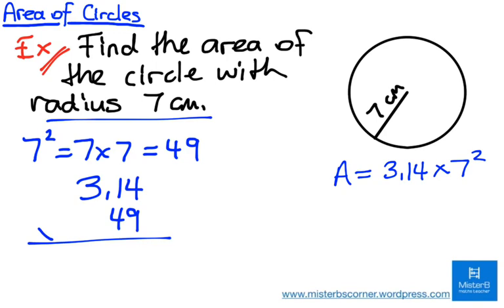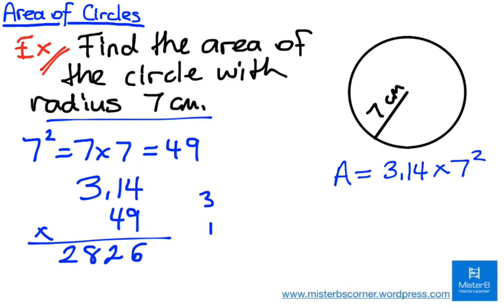Now remember, in this sort of multiplication, you don't consider the decimal point. You multiply this as if it's 314 times 49. So basically, 4 times 9 is 36. I have 3 to carry. 1 times 9 is 9 plus 3, 12. I have 1 to add. 3 times 9, 27 plus 1, 28.